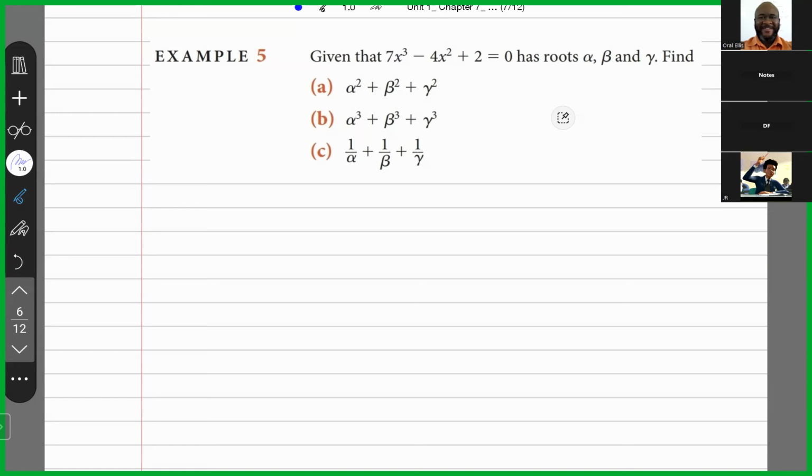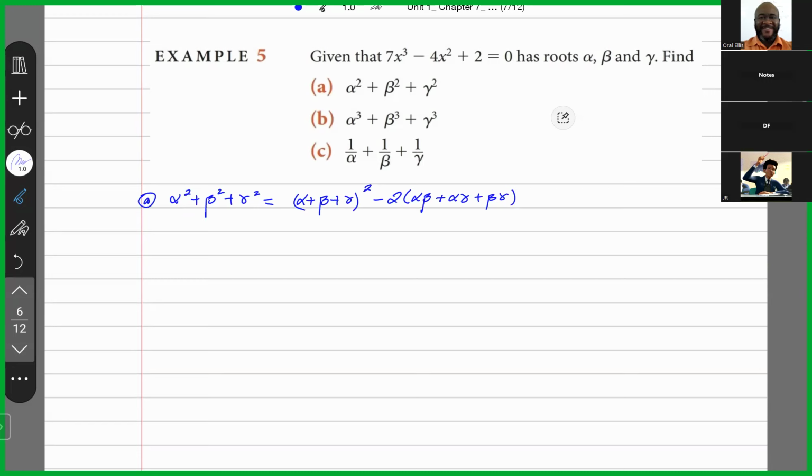All right, well, let's say the first thing I could say to you, for A, is that alpha squared plus beta squared plus gamma squared is actually equal to (alpha plus beta plus gamma) squared minus 2 (alpha beta plus alpha gamma plus beta gamma).